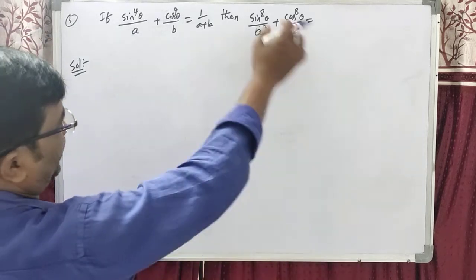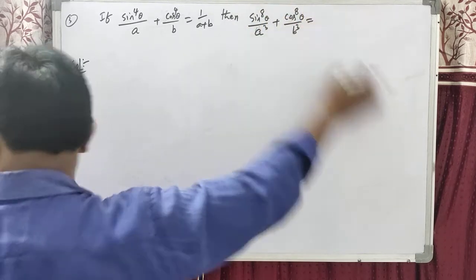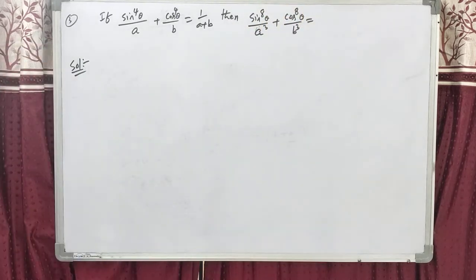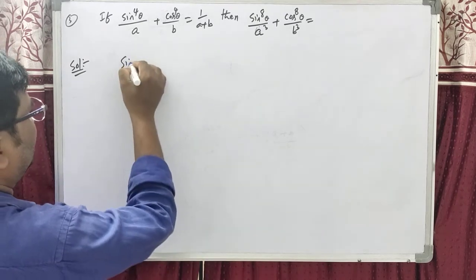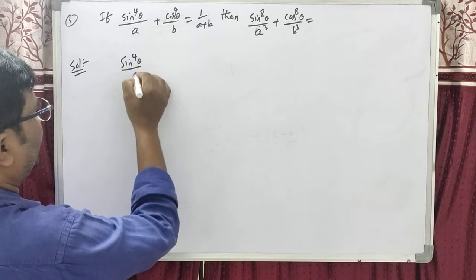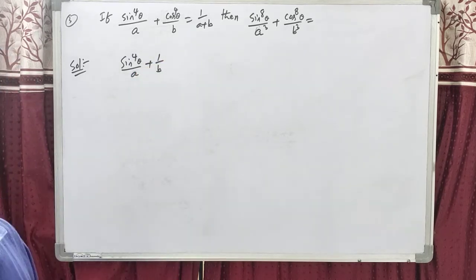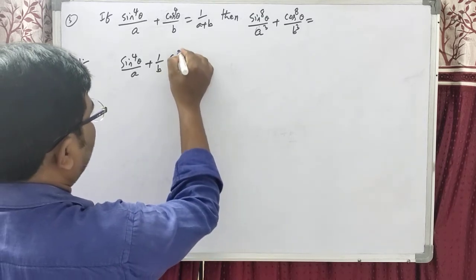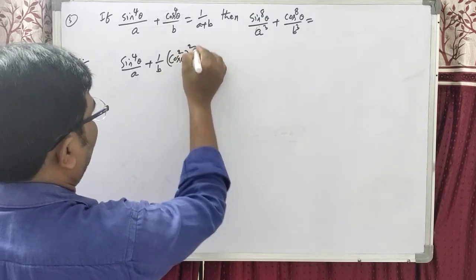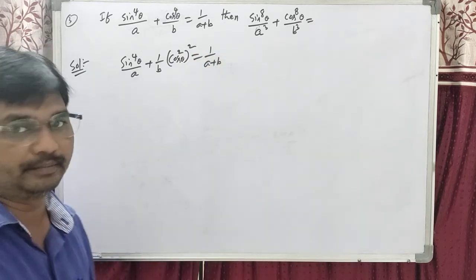Now we have to find sin power 8 theta by a cube plus cos power 8 theta by b cube. Now students, we can write sin power 4 theta by a, the next one 1 by b into cos power 4, we can write as (cos square) whole square, equals 1 by (a plus b).